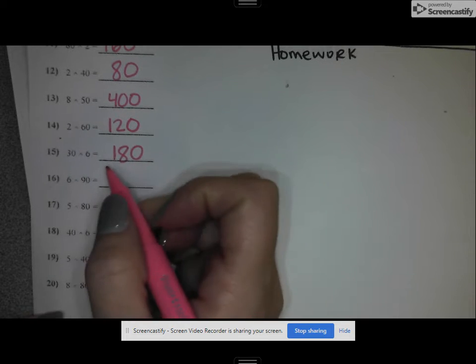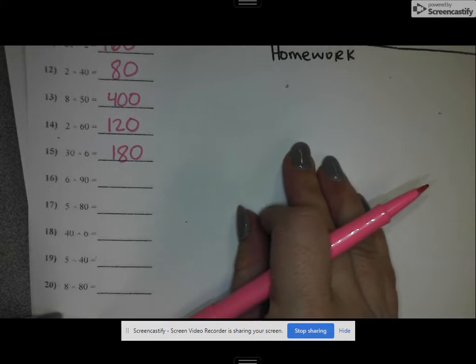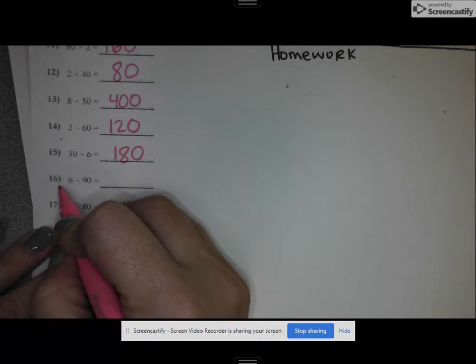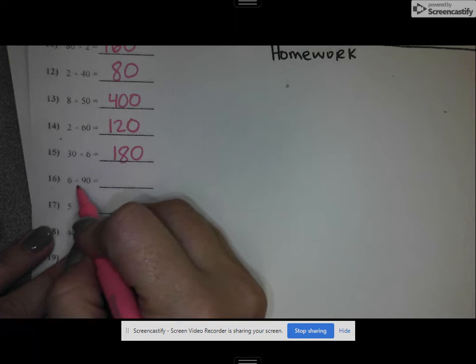If they get to some bigger numbers or factors that they aren't sure of the facts, they can always rely on using scratch paper to draw a picture. For example, if we have 6 times 90, they might not know their 6s and they might not know their 9s. Those are a little bit trickier and higher up.